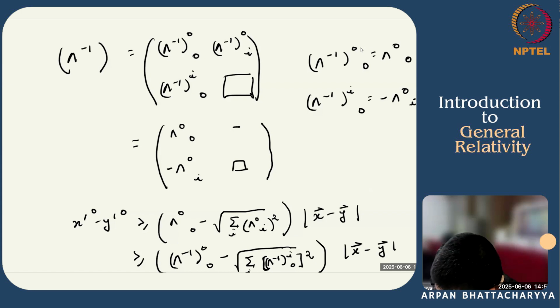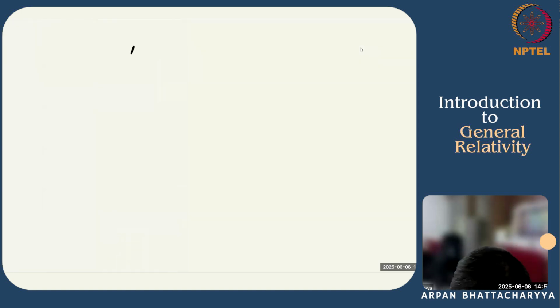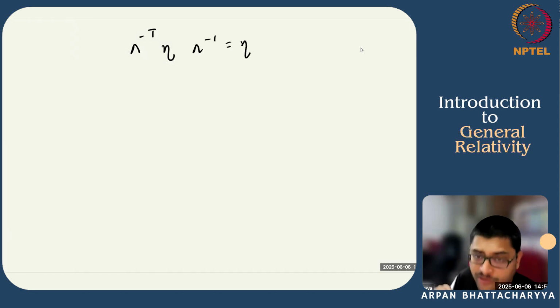Now this should ring a bell for you. Remember that the inverse Lorentz transformation is also a Lorentz transformation. So it satisfies the same condition, that it preserves the Minkowski metric eta. Now for the Lorentz transformation, we have shown in the class that if you compare the 0 0 component of both sides of this equation, you get an expression for lambda 0 0 in terms of the square root of 1 plus the sum of lambda I 0 squared terms, right?